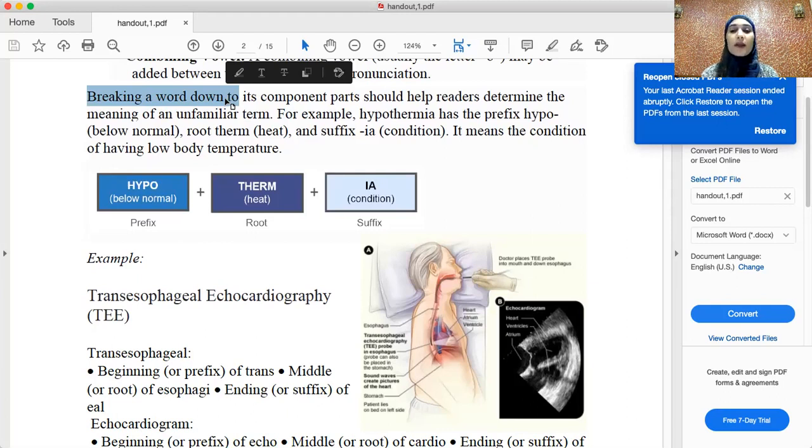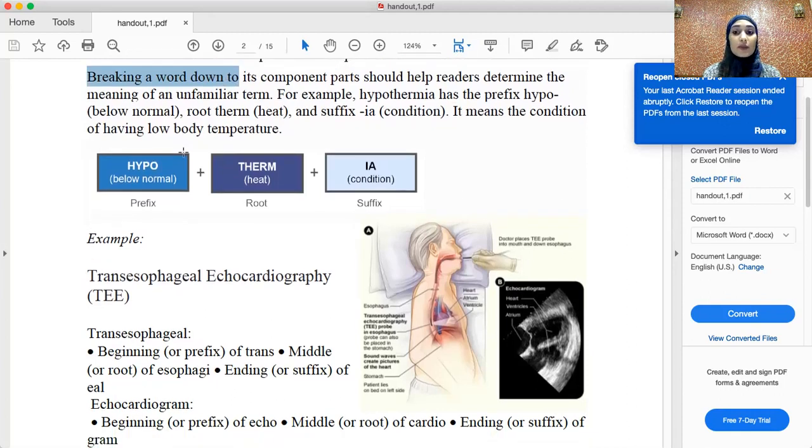This is why I wanted to give you the prefix, root, and suffix in the first lecture, because it will help you in your study. Whenever you find a long medical terminology, you can divide it and understand it.